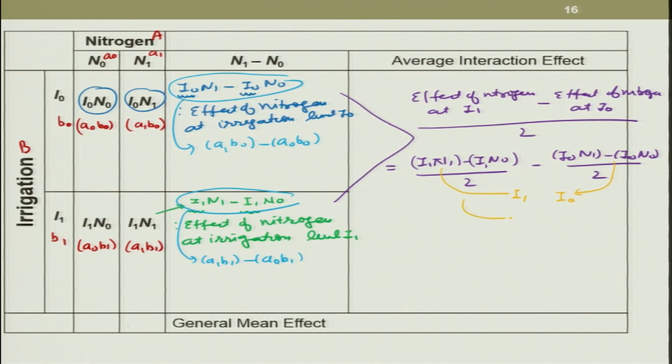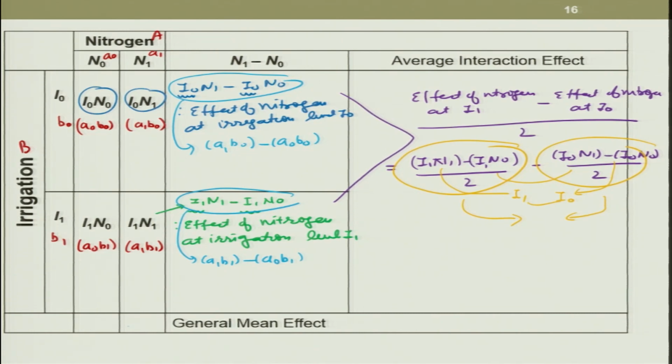But when I compare both these expressions, they give us the change in the level of nitrogen as well as the change in the level of irrigation.